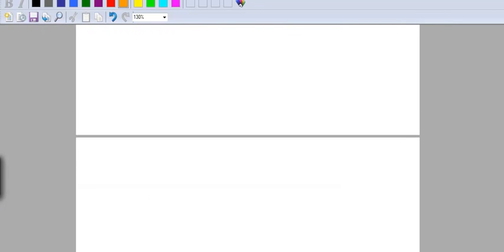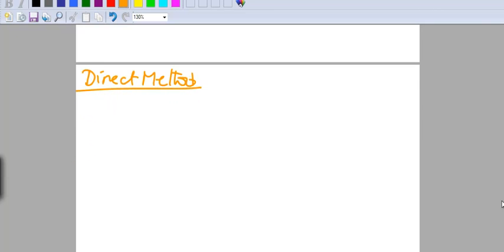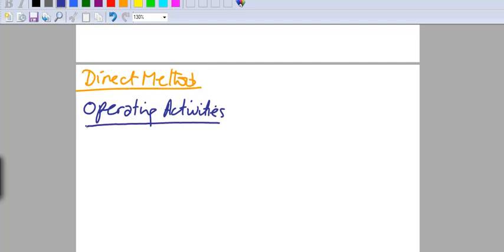is the direct method. As I mentioned to you, the only difference between the direct method and the indirect method is how we showcase the operating activities. Operating activities are now categorized into 5 sections.